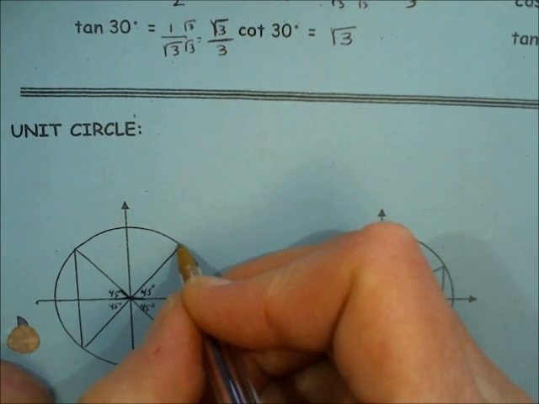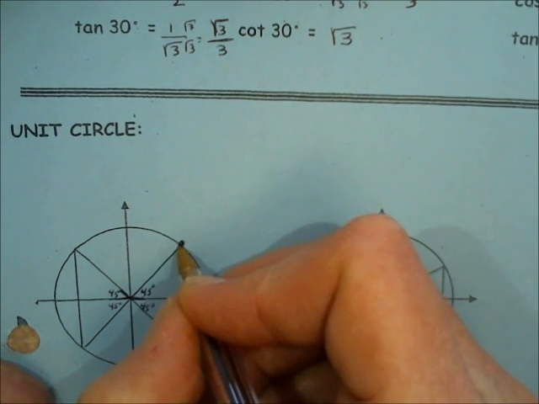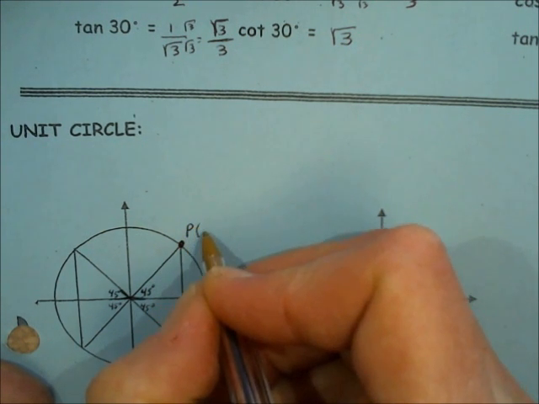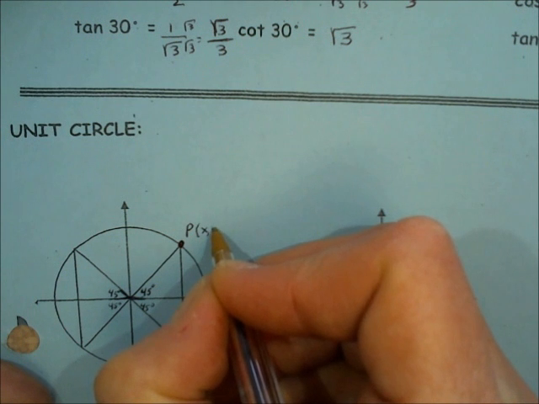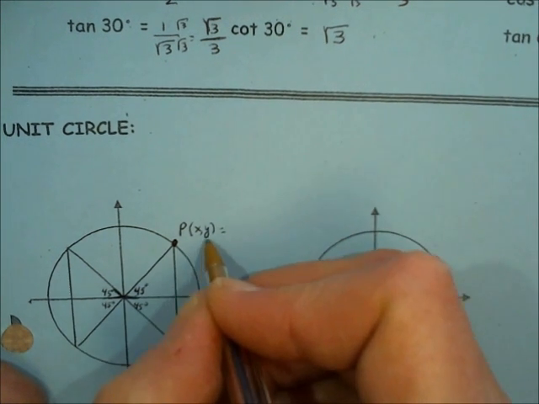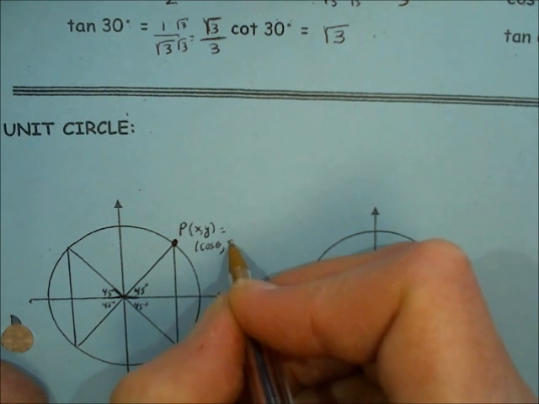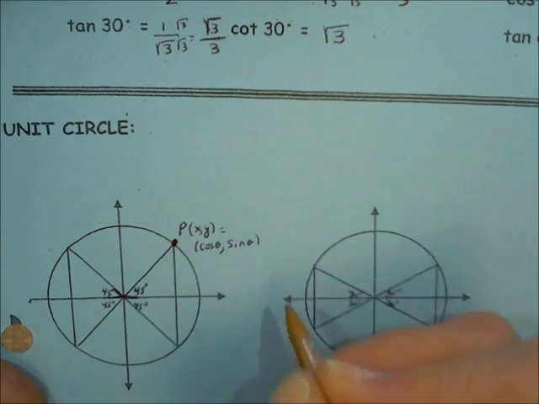Okay. Now, if you remember, if you have a point P on the unit circle, this point P, the xy value, is equal to the cosine of theta, comma, sine of theta.